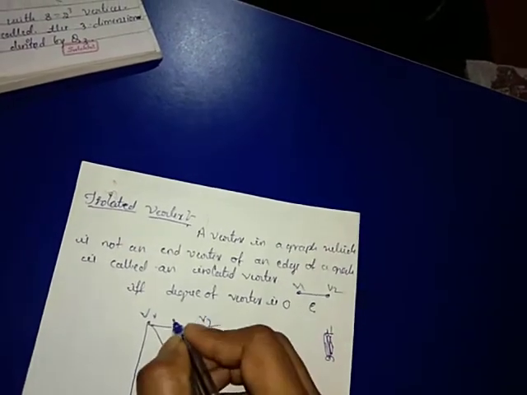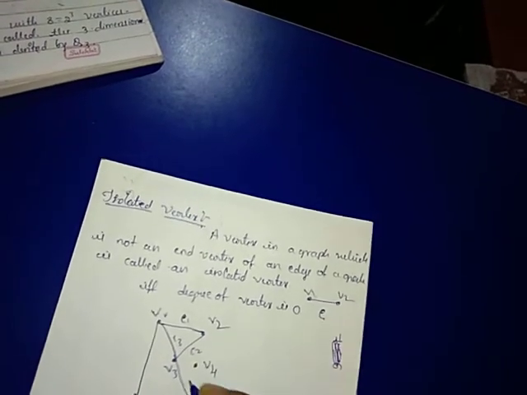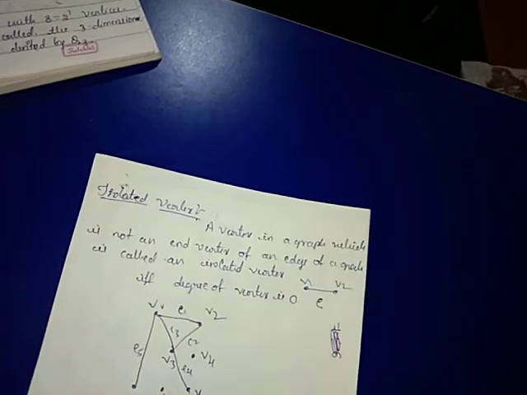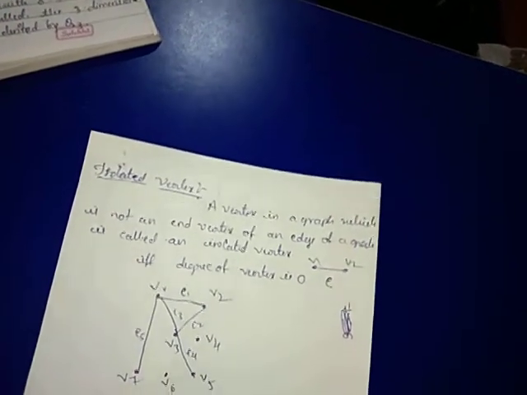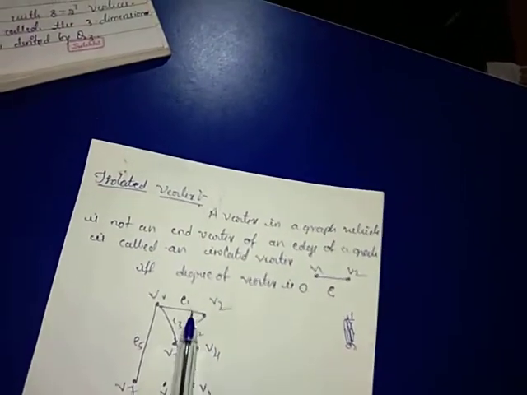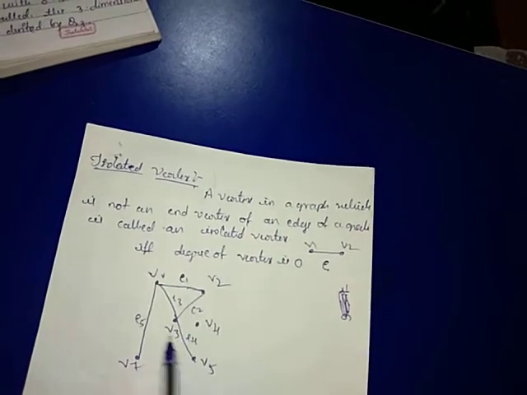And the edges will be E1, E2, E3, E4, E5. So the total number of vertices will be 7 and the edges will be 1, 2, 3, 4, 5.